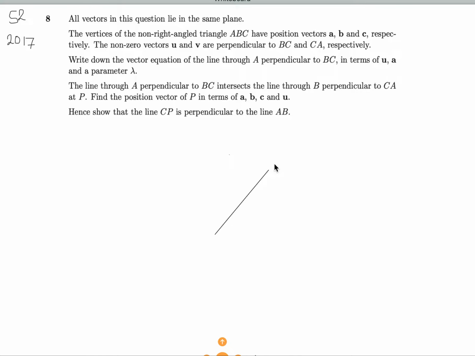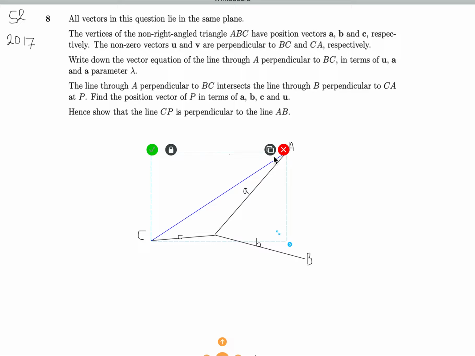So what we've got from an origin is a vector A, B, and let's put this one over here, C. Let's label those A, B, and C. What would also be a good idea is to join those points up, because it forms a triangle. So if I just join them up, I'll get something like this.